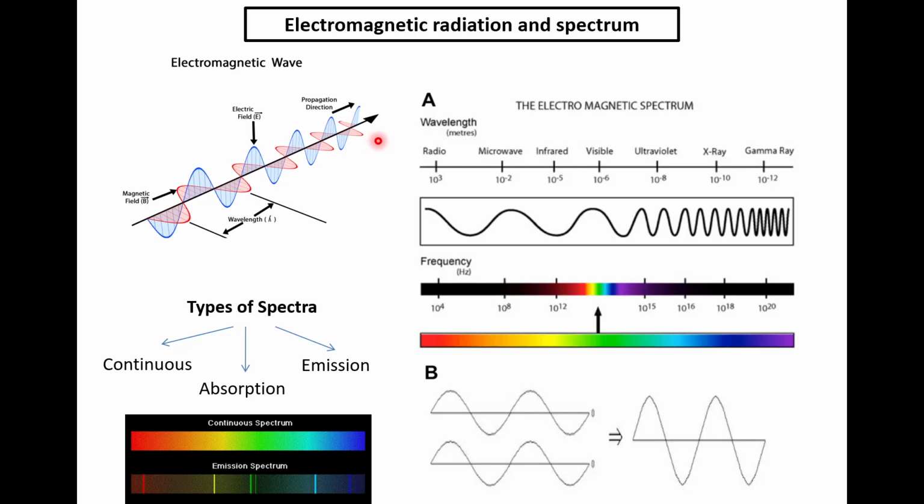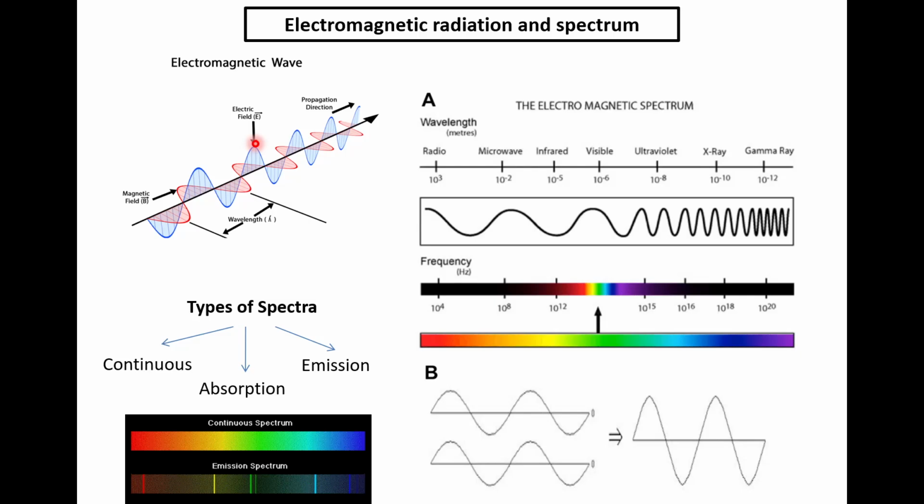That's why during the emission, you get these distinct quantized bands in the emission spectrum, that is, bright bands in a dark background. So these are the three different kinds of spectra that we can get from the interaction of an electromagnetic wave with matter. Now we make use of different spectra for different kinds of spectroscopy.